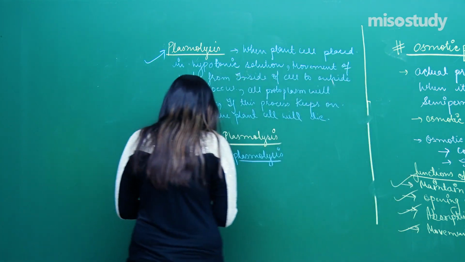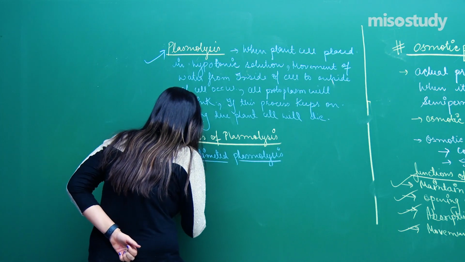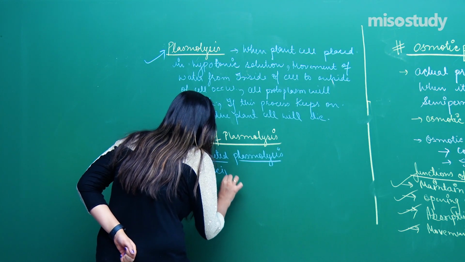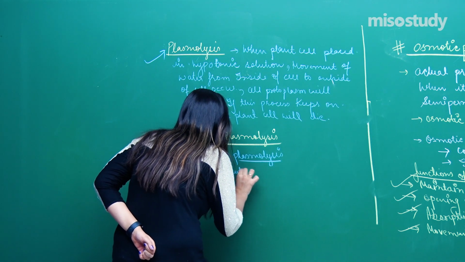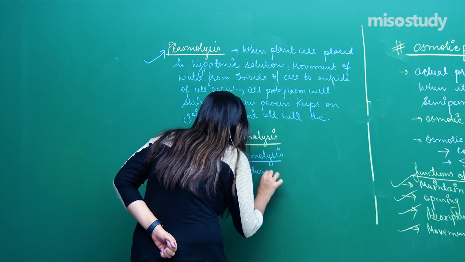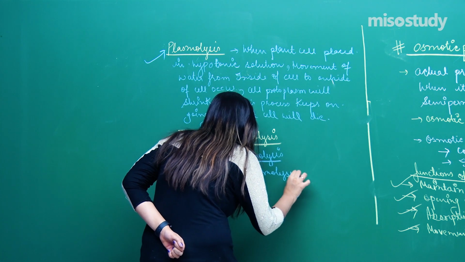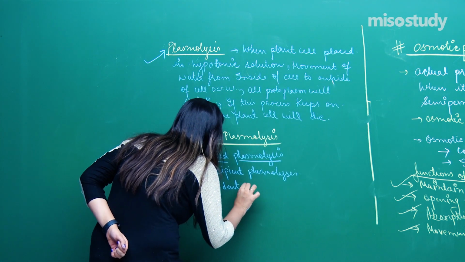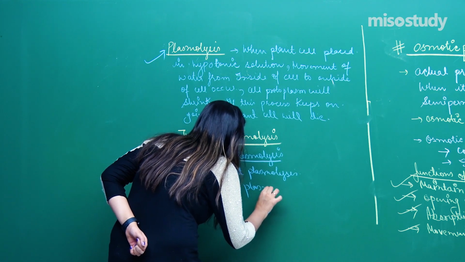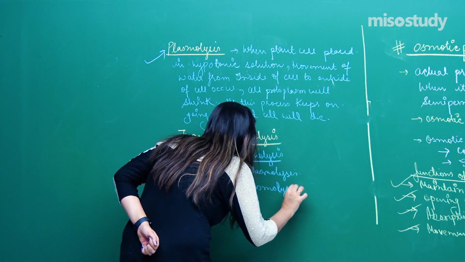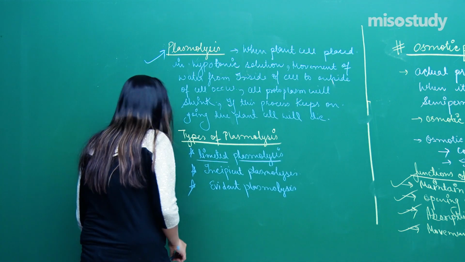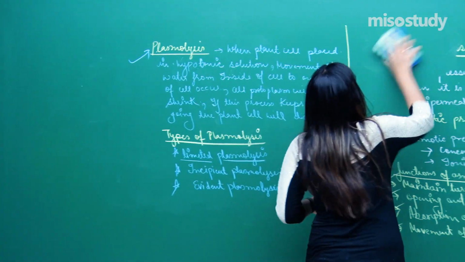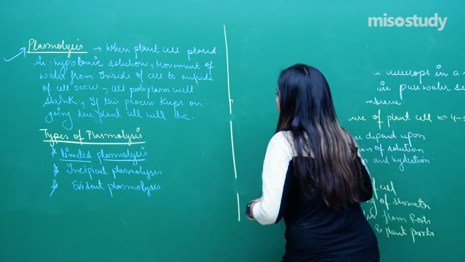Let's first write about the three types. The limited plasmolysis. Next we have incipient plasmolysis. Third is evident plasmolysis. These are the three types. Now come to this side so that we can explain all these types of plasmolysis with the help of a diagram.